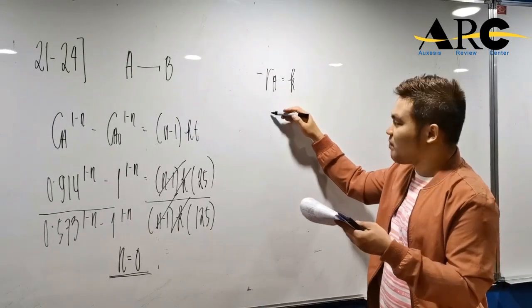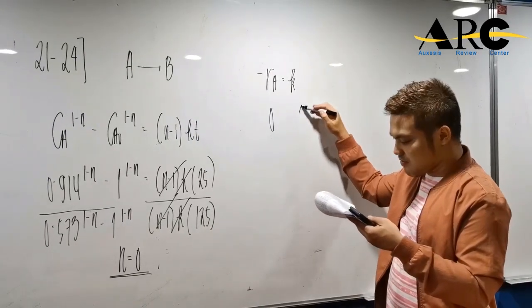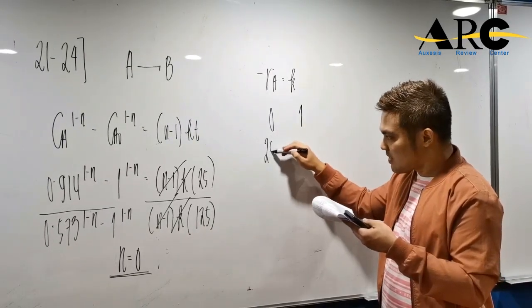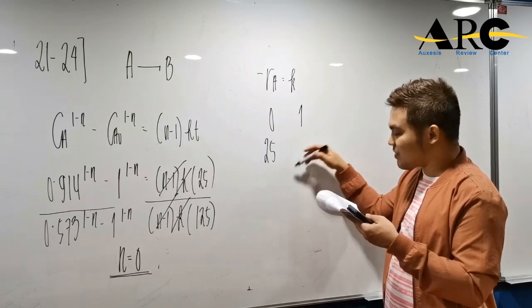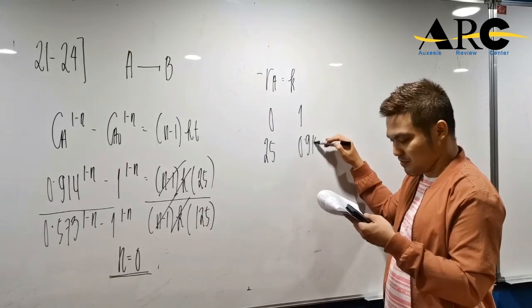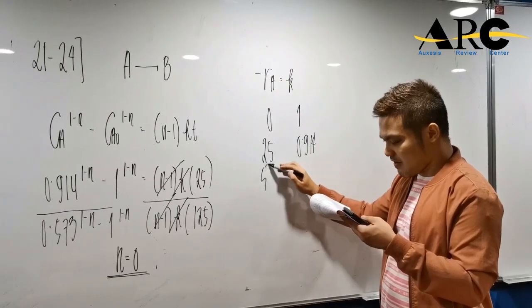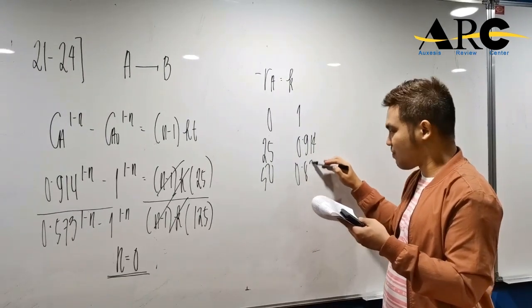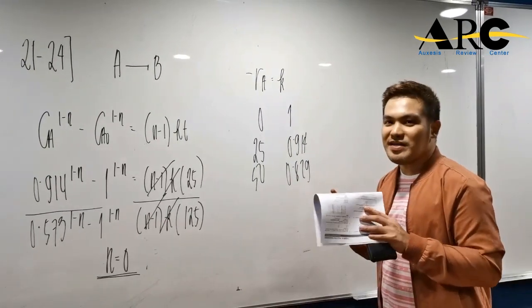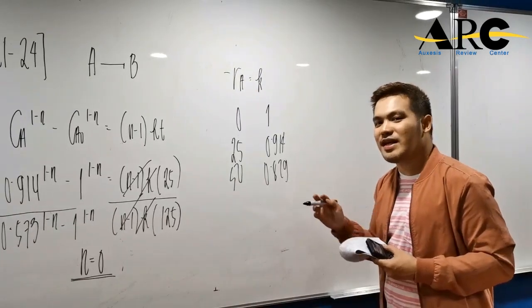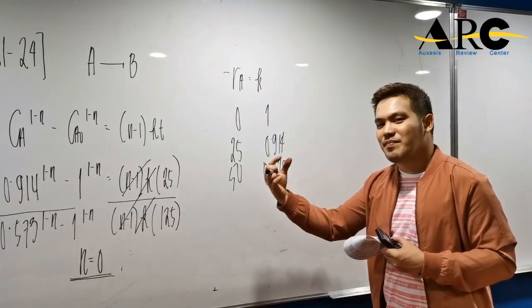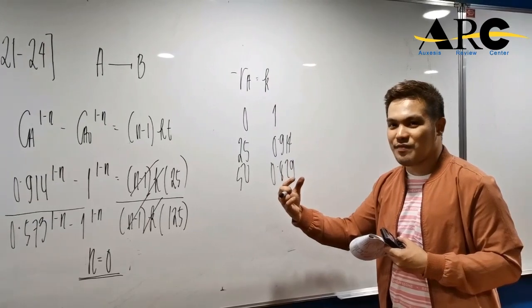O, tignan nyo yung table. Kapag time is 0, concentration is 1. Kapag time is 25, 0.914 yung concentration. Kapag time 50, ang concentration is 0.829. Diba ang definition ng negative RA is ilan yung concentration na nawala over time.